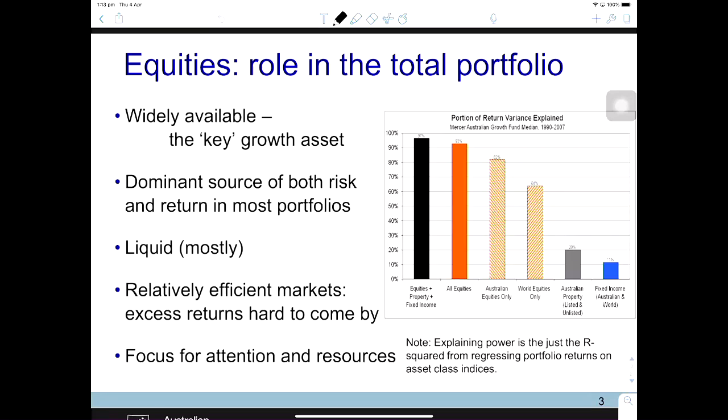And we are familiar with this chart, that for a balanced portfolio, the total portfolio variation can be attributable to just equity market variation, up to over 90%.